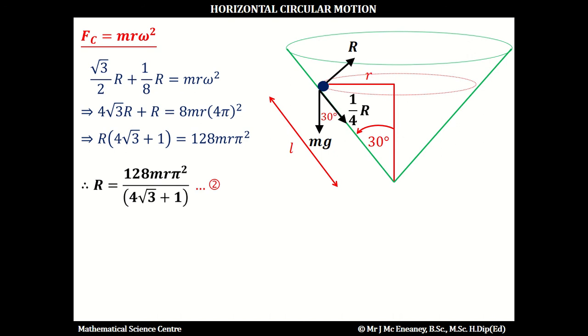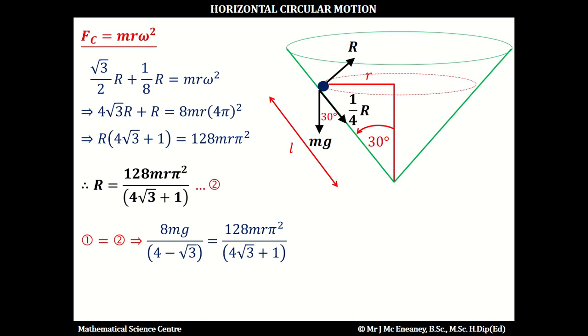So using equation number 1, we got R on its own, and using equation number 2, we also got R on its own. So we can equate the two right hand sides. And this means 8mg over (4 - √3) equals 128mrπ² all over (4√3 + 1). Now we can cancel the m's on both sides, and 8 divides into 128 to give 16.